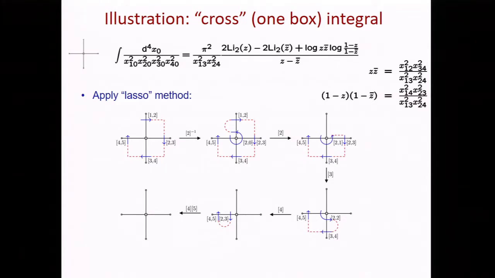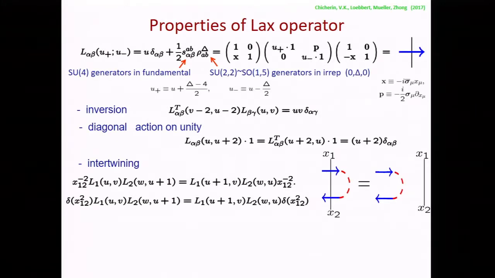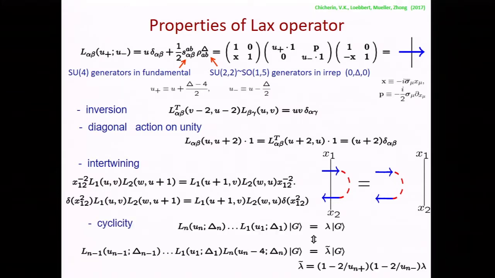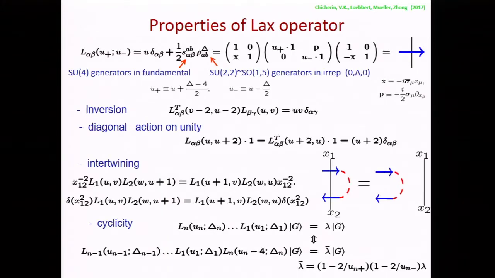And then you use the property, for example, you want to push this part of the contour through and get this one. You use this other property, the intertwining property, this one. Of course, by respecting the factors. We denoted here the various factors, u+2, for example.